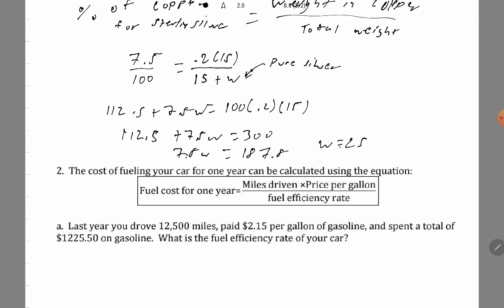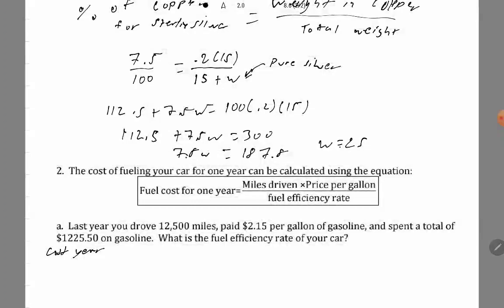What is the fuel efficiency rate for your car? So this is the cost for a year, or the year cost. This is the price per gallon, and then miles driven.